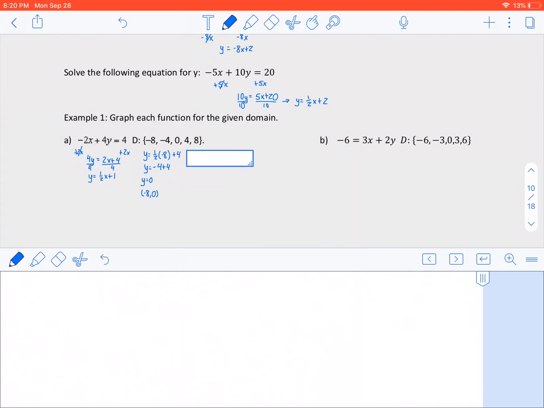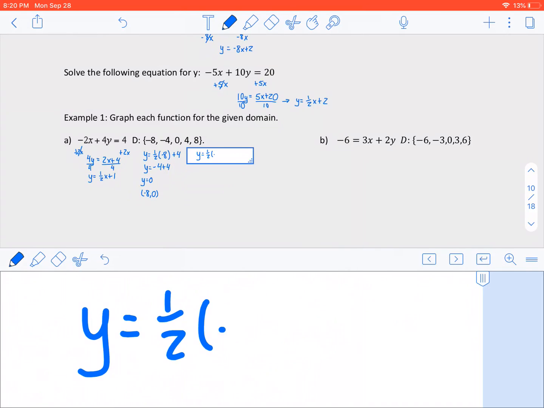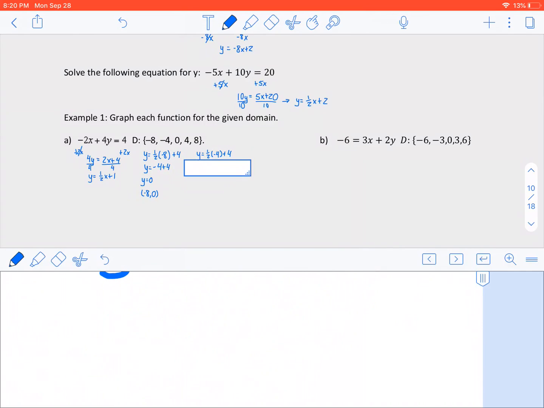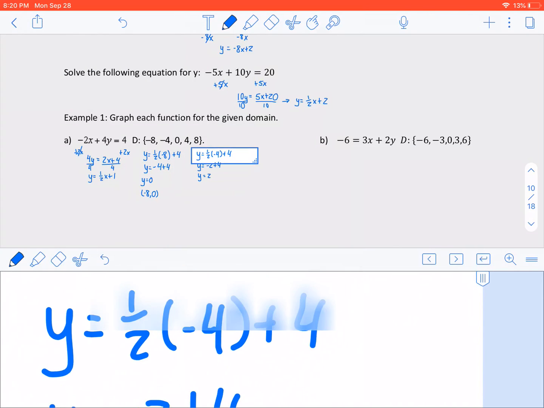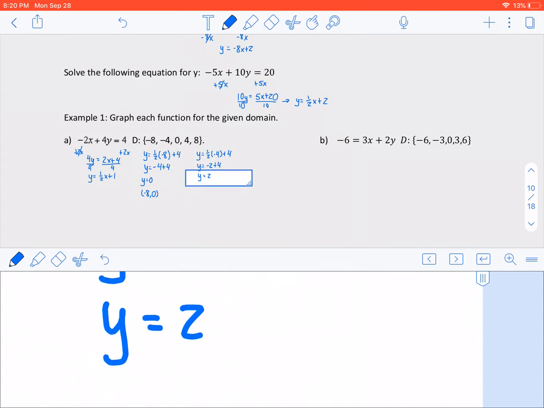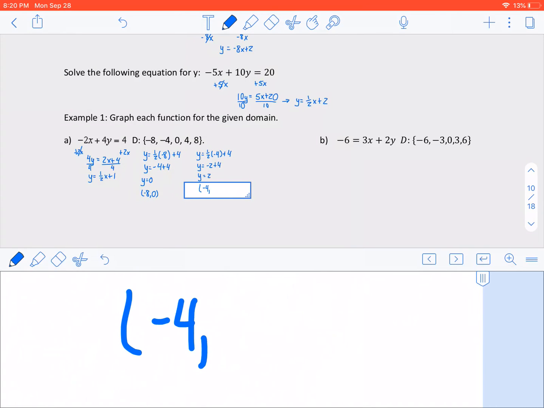Alright, let's do it again for negative 4. Y equals 1/2 times negative 4 plus 4. I do the same thing. Y equals half of negative 4 is negative 2 plus 4. Y equals 2. When x is negative 4, y is positive 2.